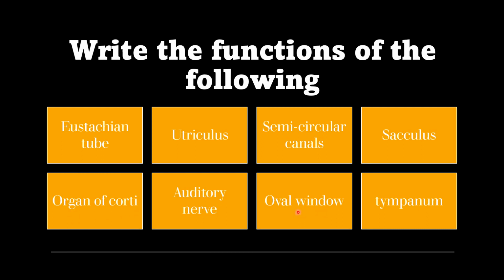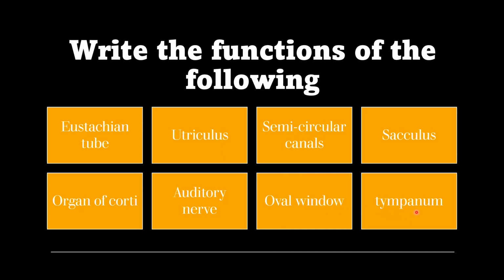Then oval window. What is the function of the oval window? It will transmit sound vibration from the stapes or stirrup to the cochlea, that is, the endolymph of the cochlear canal, or the fluid present in the cochlear canal.